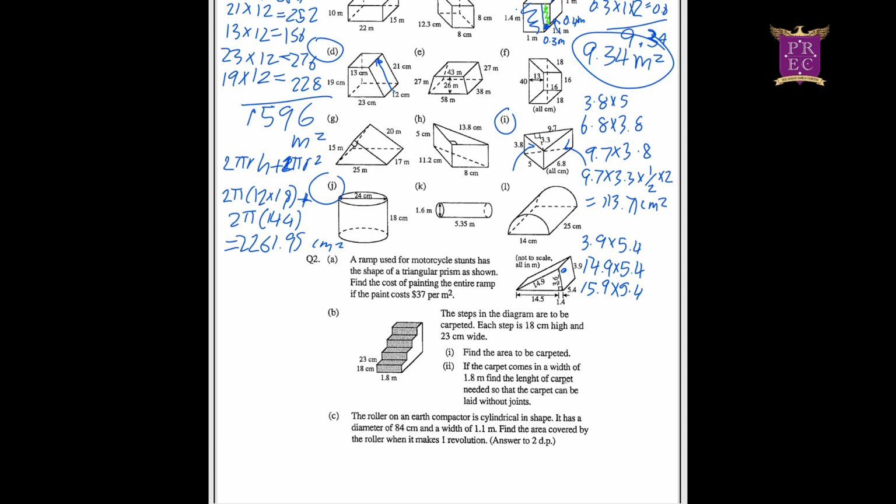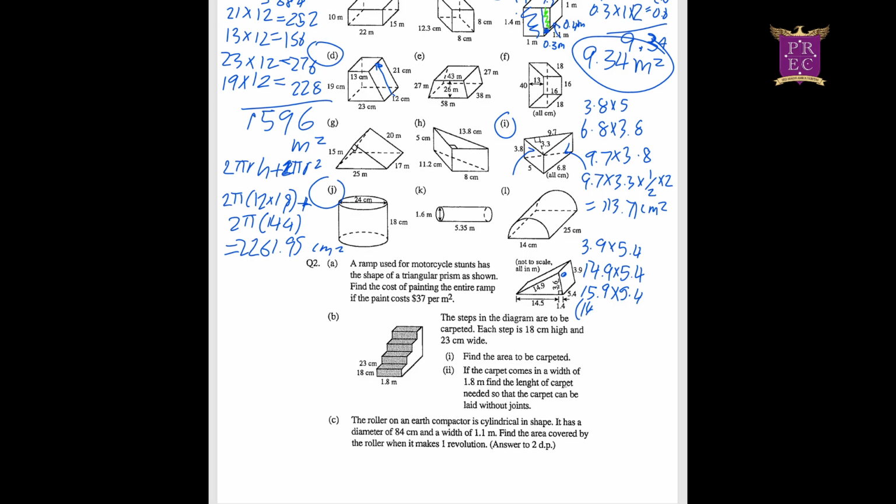Now let's look at the triangle. We can't calculate the triangle without splitting it up. Or can we? We could. To find the area of the triangle, we look at the full base here, which is 15.9, and times it by the height, which is 3.6, and then divide it by 2.